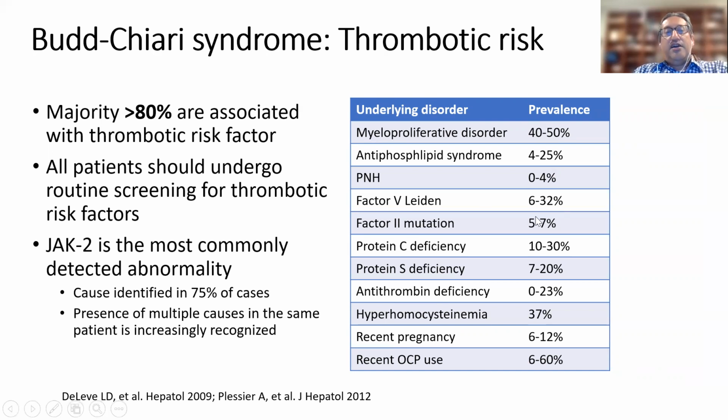This gives you an idea, based on different studies: myeloproliferative disorder can be seen in about 40 to 50%, antiphospholipid syndrome, factor 5, paroxysmal nocturnal hemoglobinuria, factor 2, protein C, so different mutations or deficiencies. Also, recent pregnancy can be seen in up to 6 to 12%, and oral contraceptive use, especially in the West, is the one question we ask our patients very commonly.